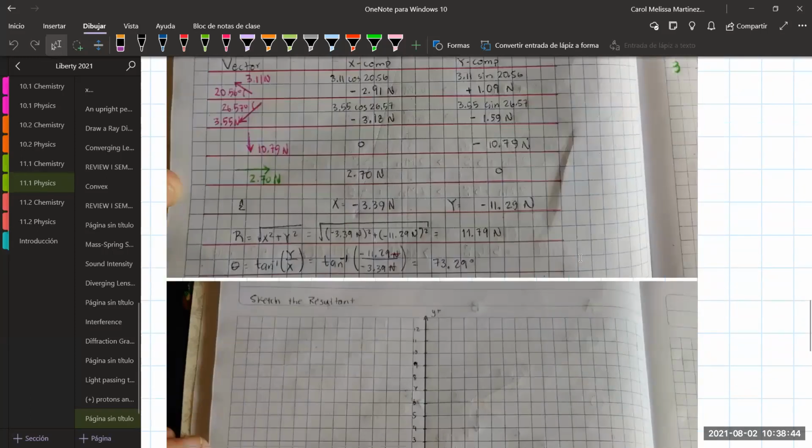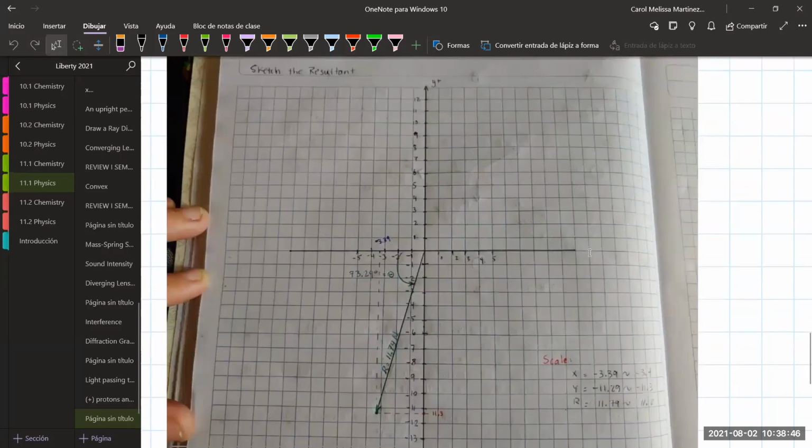So now in the last page, I leave just the resultant, the sketch of the resultant, and I got small values, okay? So what I did is just rounding. Negative 3.39, I rounded to negative 3.4. Negative 11.29, I rounded to 11.3. And 11.79, I rounded to 11.8.